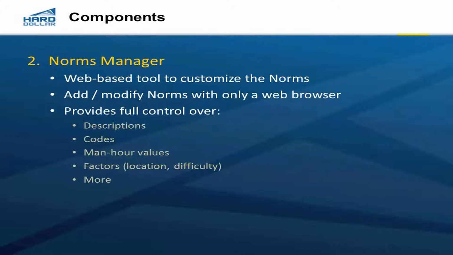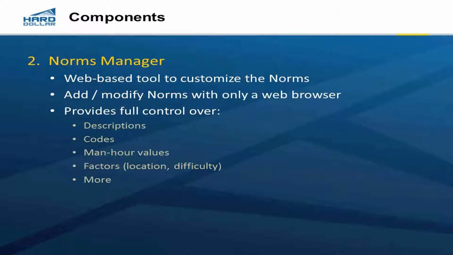The norms manager gives us the ability to go into those norms and maintain them and even add new ones outside of $. If there is a role in the organization responsible for keeping those norms current and applying perhaps factors based on location or difficulty, all of that information can be maintained in the norms database through this web browser.